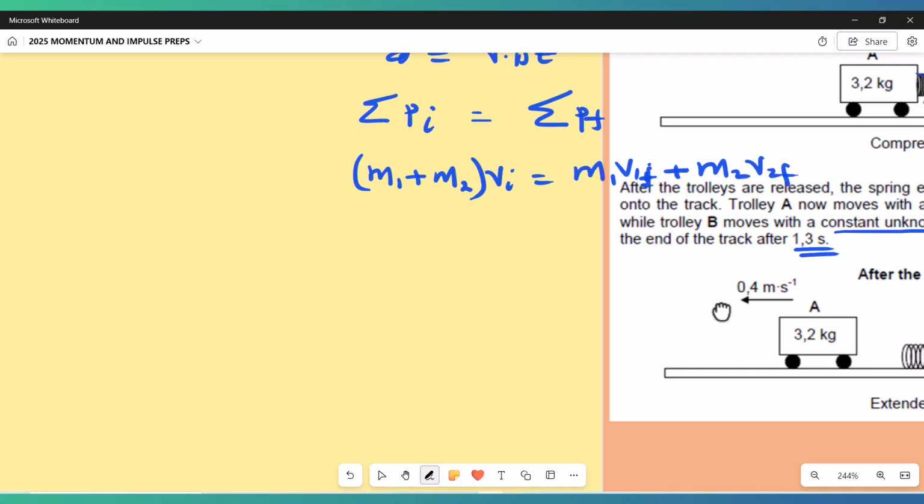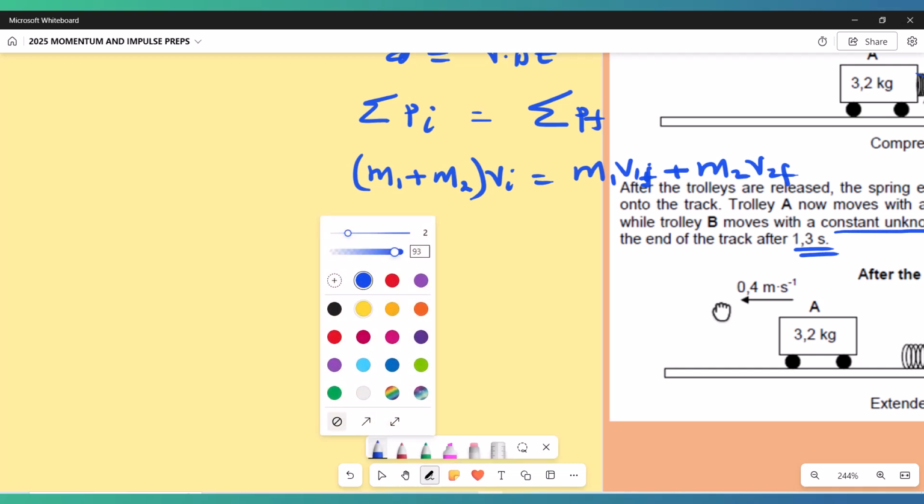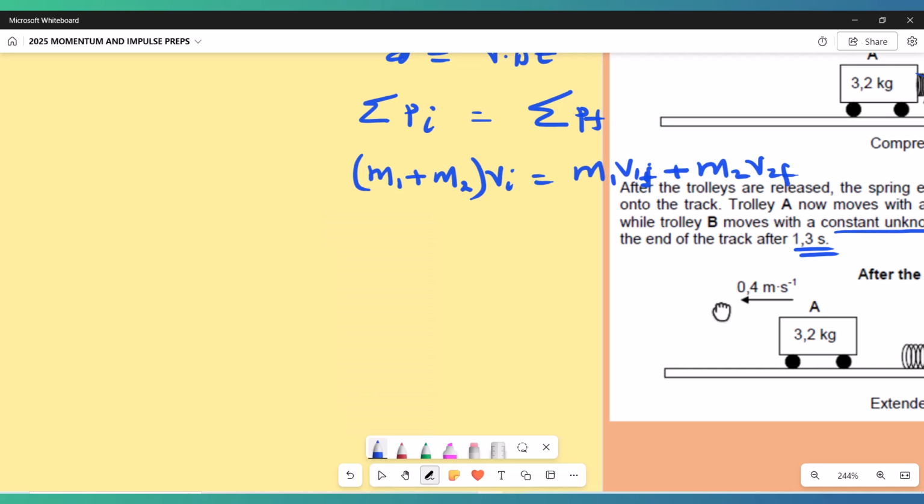They were all at rest, so times 0 equals M1, that is 3,2, times the velocity.